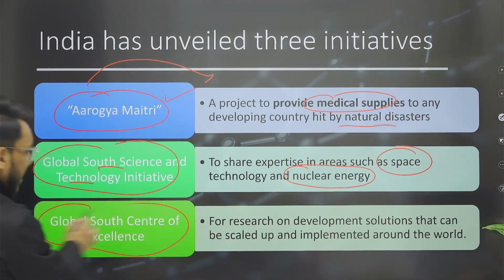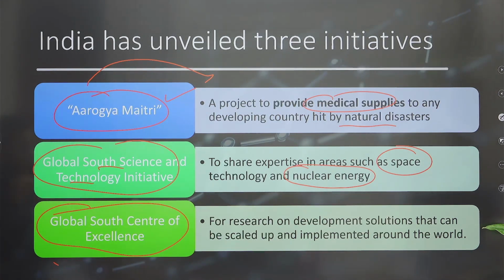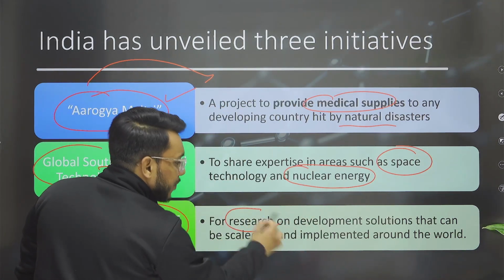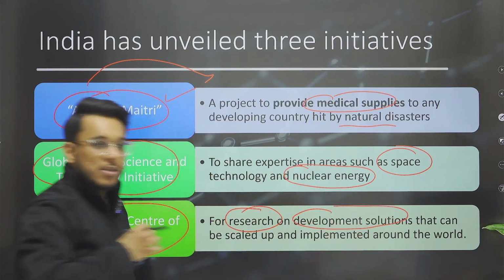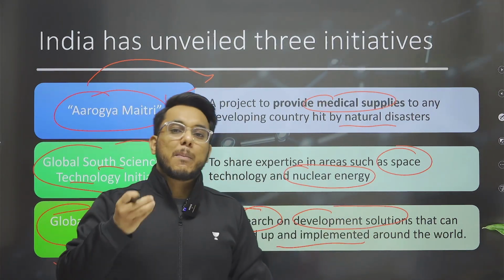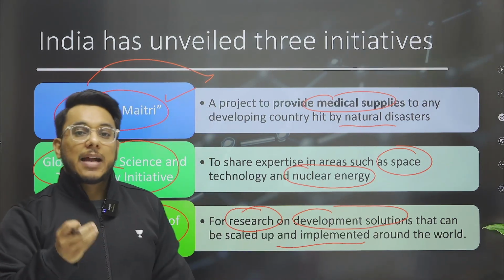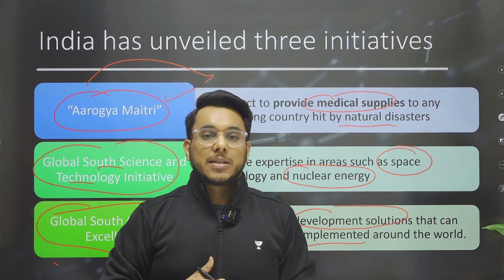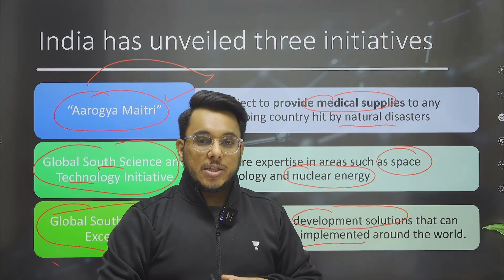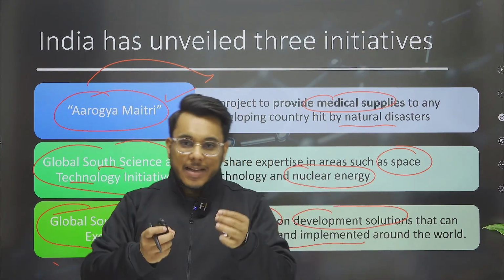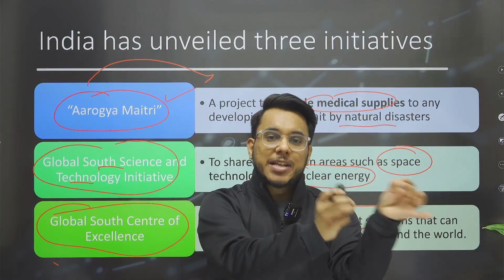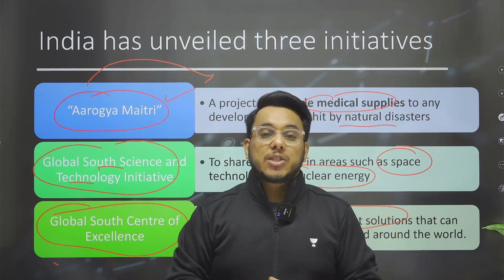Then the Global South Center for Excellence. Now in the Global South Center for Excellence, we will be focusing on developmental solutions that can be scaled up and implemented around the world. There are many developmental challenges that the countries, particularly the Global South countries, are facing. So how do we provide solutions for those challenges, and how do we scale them? For example, digitization of the economy can solve many challenges.